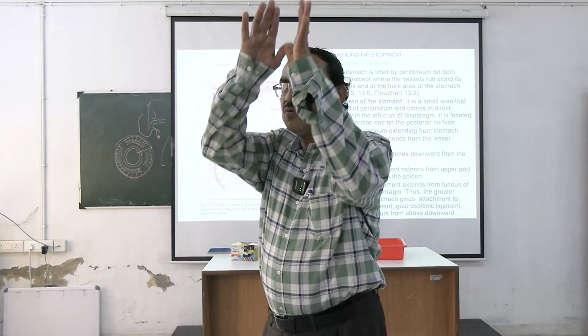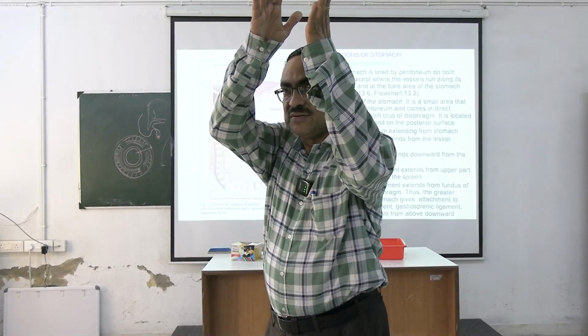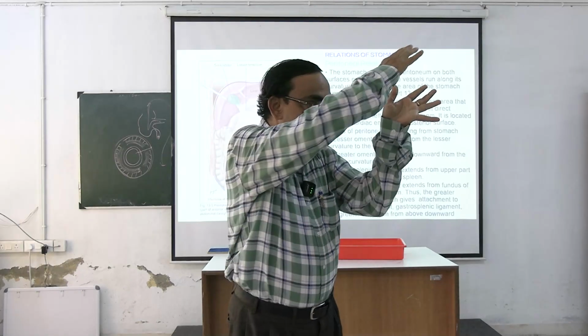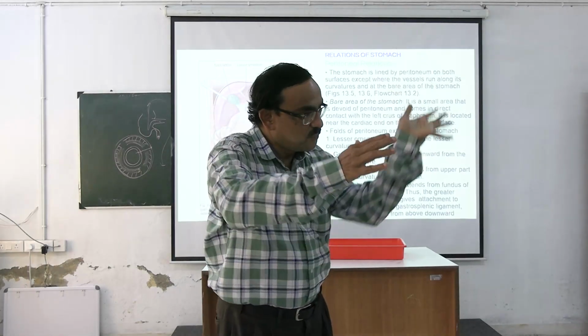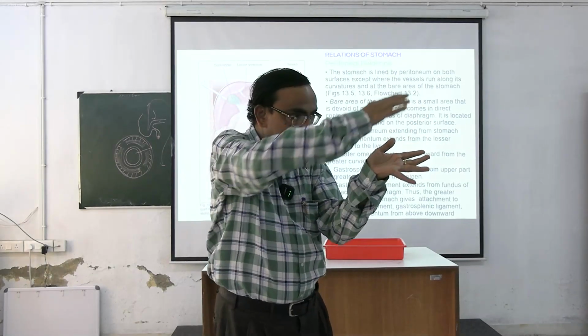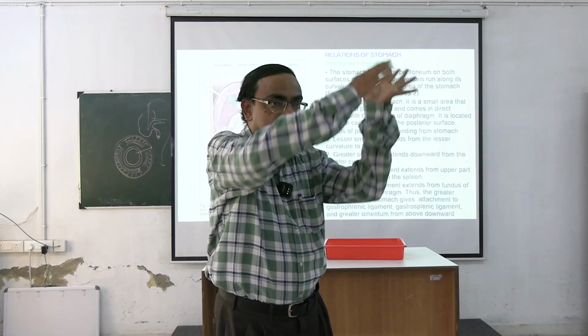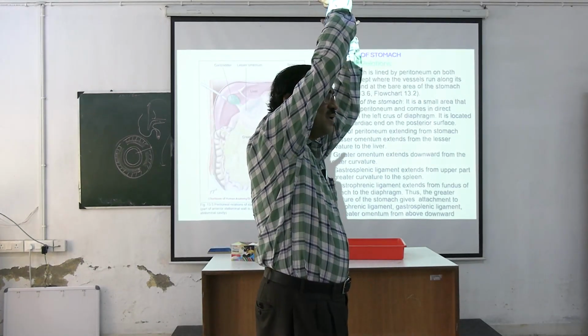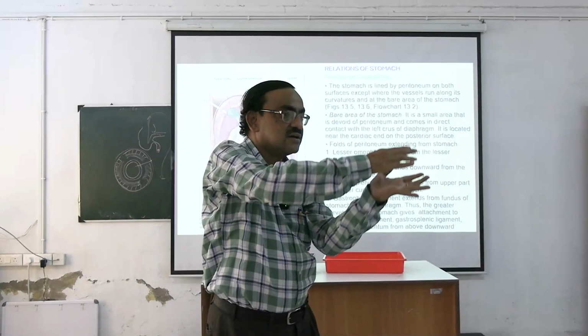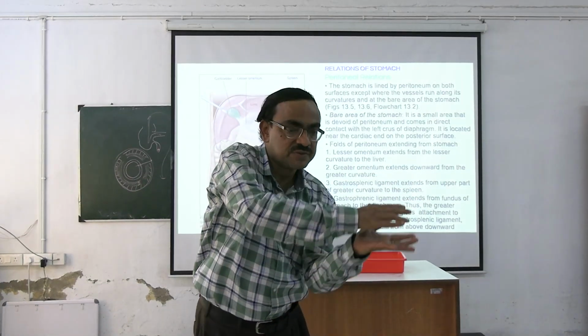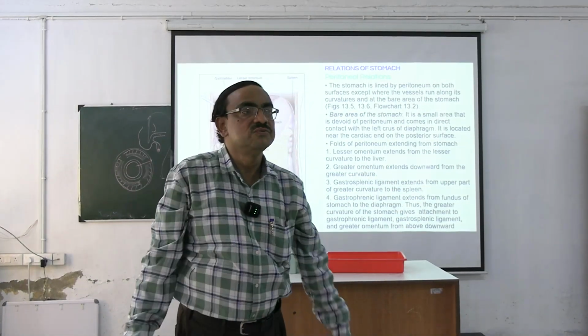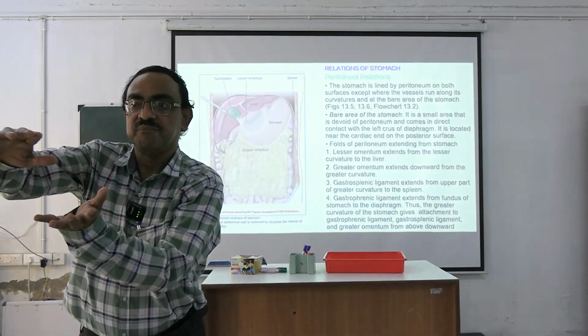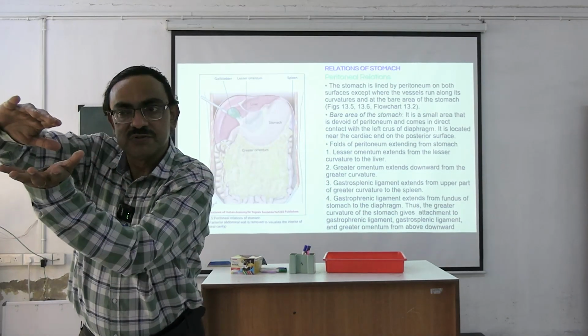Actually, there are two folds of peritoneum like this, an anterior fold and a posterior fold. These two folds are continuous above as the lesser omentum, then they cover the anterior and posterior surfaces, and continue as the greater omentum.